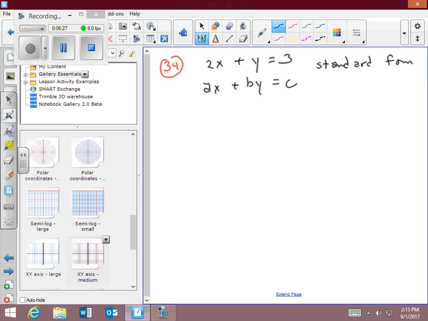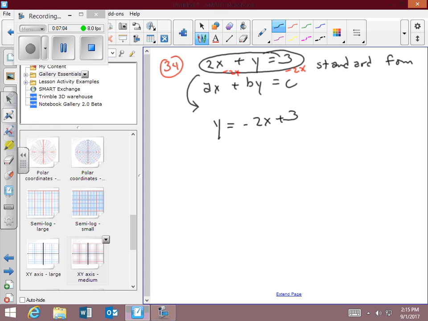Now you can write an equation in standard form or slope-intercept form, but they want us to graph this off of slope-intercept. So what we have to do is take this equation right here and turn it into slope-intercept. So what I'm going to do is subtract 2x from both sides. And then I'm going to have y equals negative 2x plus 3. Now I got it in slope-intercept form.